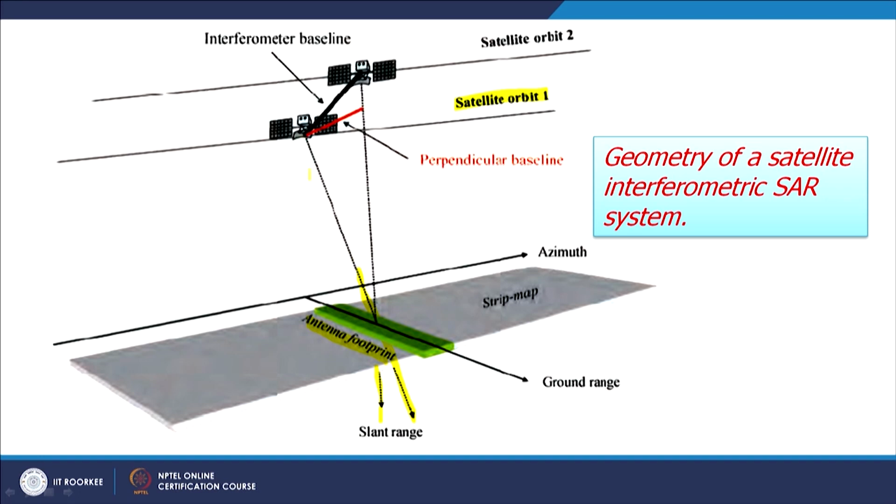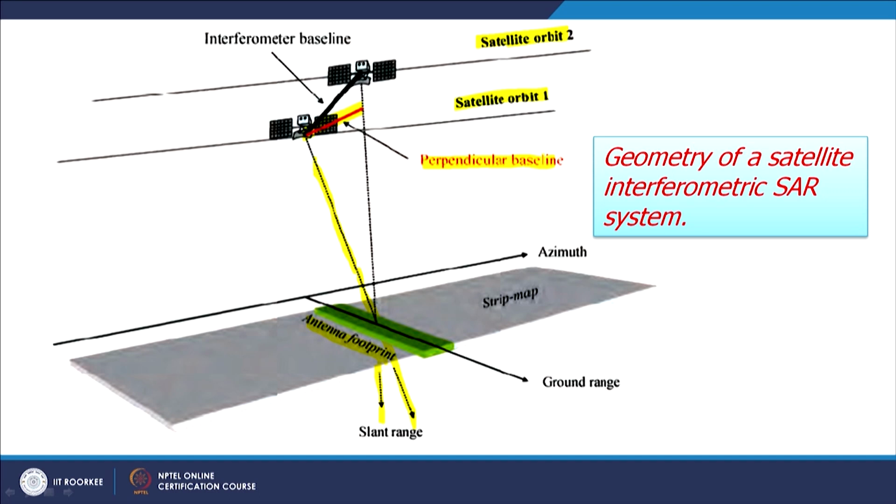The first orbit has this slant range, then there is a second orbit with its own slant range, with two different look angles, but the area covered is the same. So the same area is covered through two different orbital passes with slightly different look angles, and the perpendicular distance between these two slant ranges is called the perpendicular baseline.